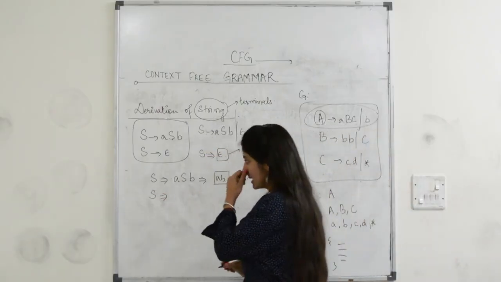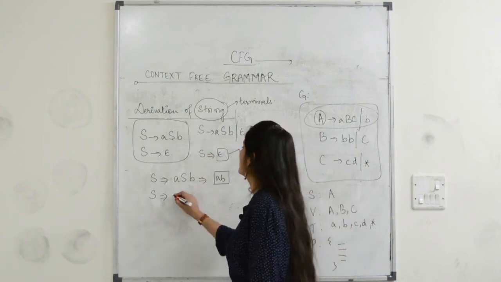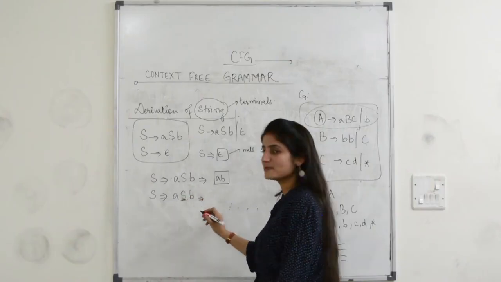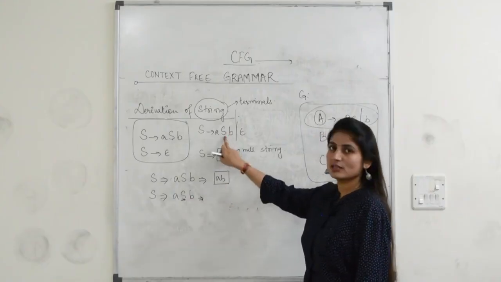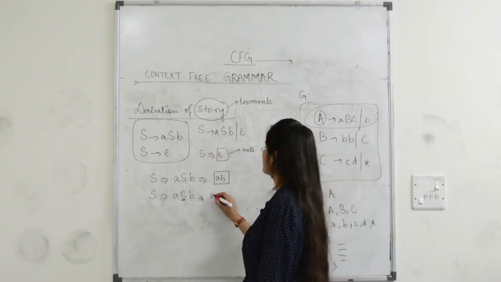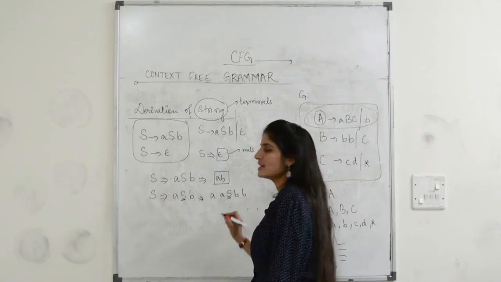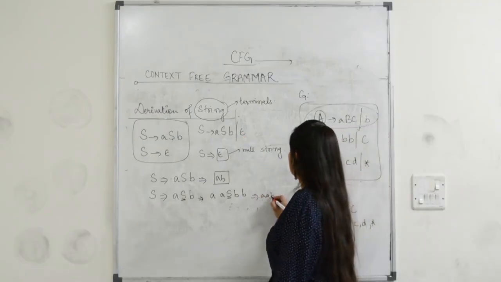Now deriving the other strings, we'll again take this production ASB, and at the place of S now we are not going to put epsilon because otherwise it will generate the same string. So we'll put this production into S and we'll get ASBB. Now again at the place of S we will put epsilon and we'll get AABB. So this is the third string.